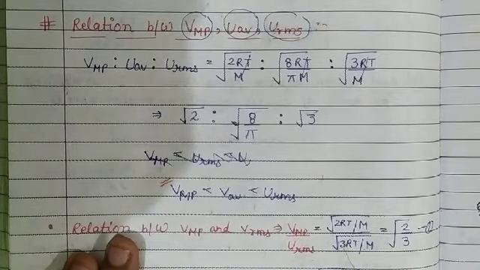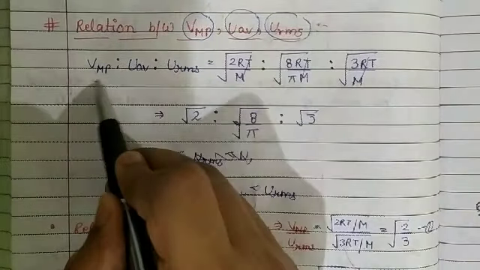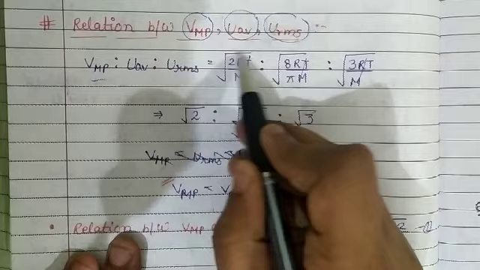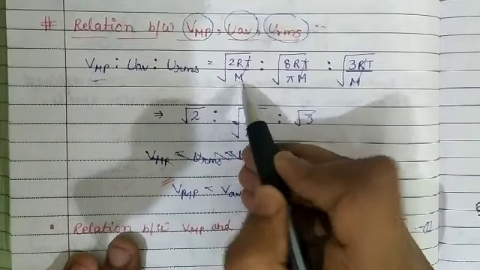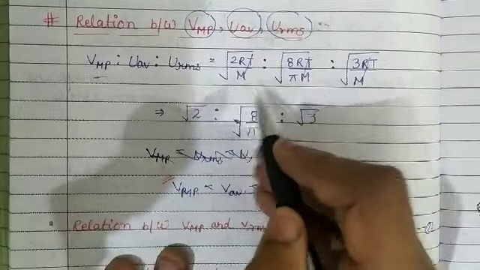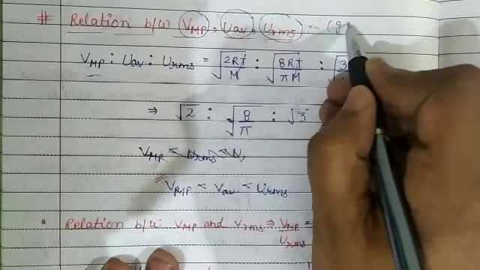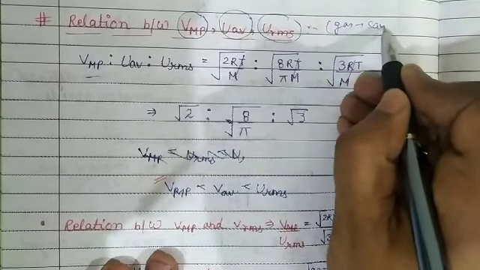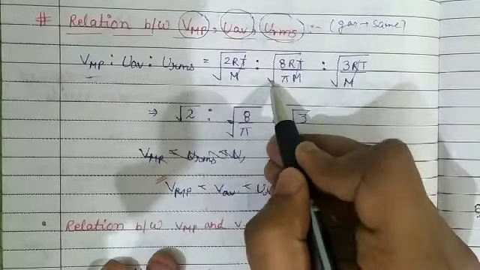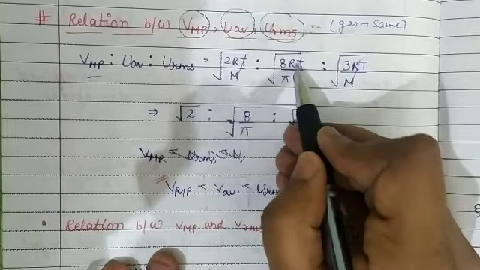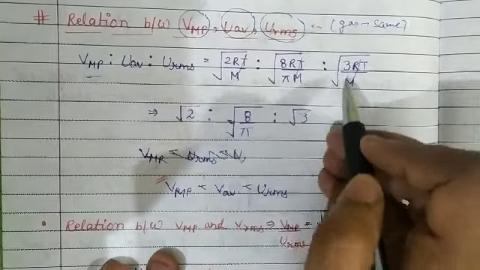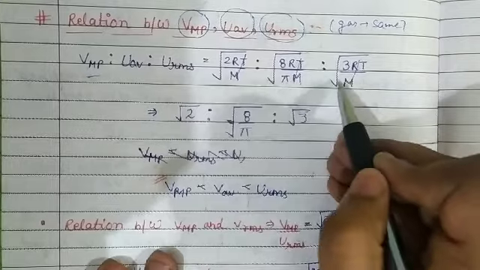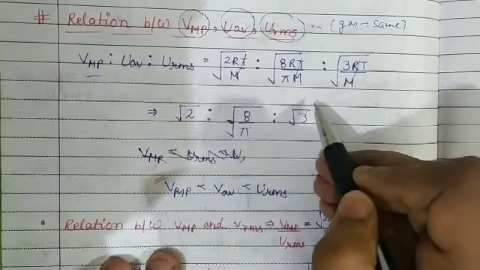The most probable speed is square root of 2 RT by M for the same gas. The average speed is under root of 8 RT by pi M, and temperature is also the same. Then VRMS is square root of 3 RT by M.